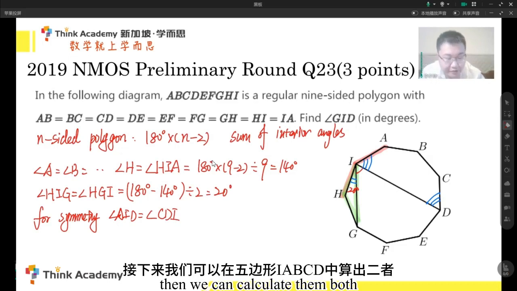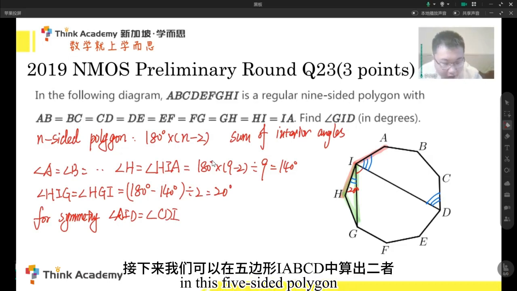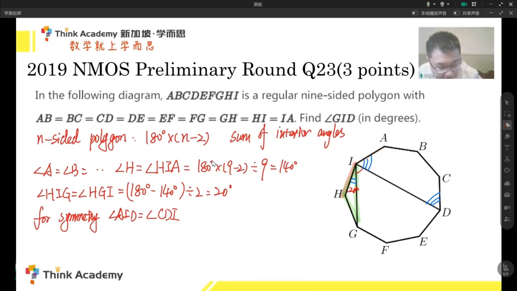Then we can calculate them both in this 5-sided polygon IABCD.